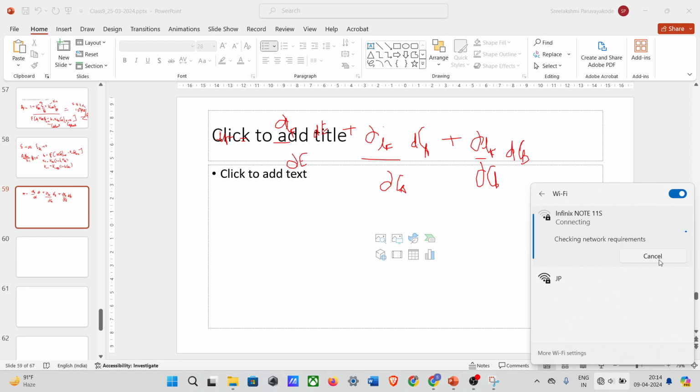I'm not sure why that's happening. There's some fluctuation in the net over here. So again, I'll start. Meanwhile I'll try to fix it, but till then I'll try to share through my mobile, like how I'm doing. So that's visible, right? The slide is visible, right?